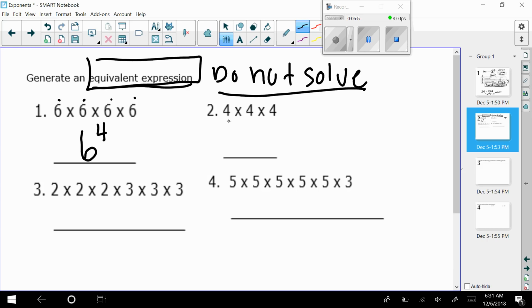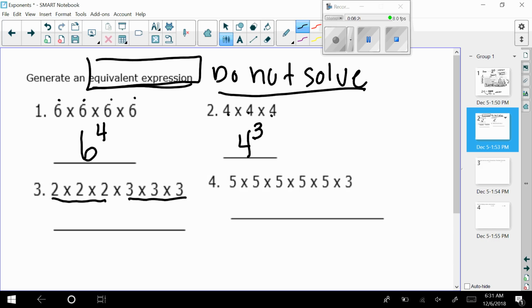So now let's look at this example. What's our base going to be? Our base is going to be 4. And what's our exponent going to be? The number of times that it repeats, which is 3. And that's how we write that, okay? So now let's look down here at number 3. Notice I have 2 times 2 times 2 times 3 times 3 times 3.